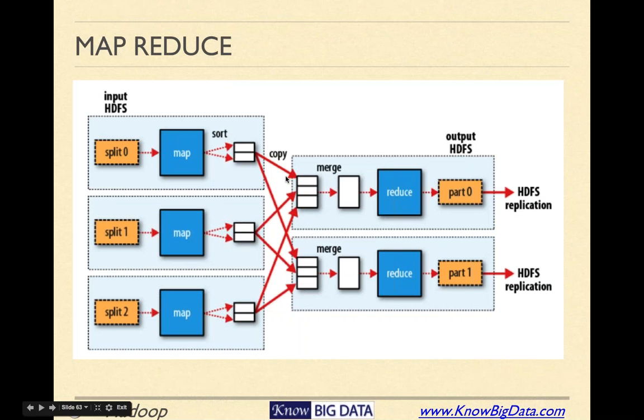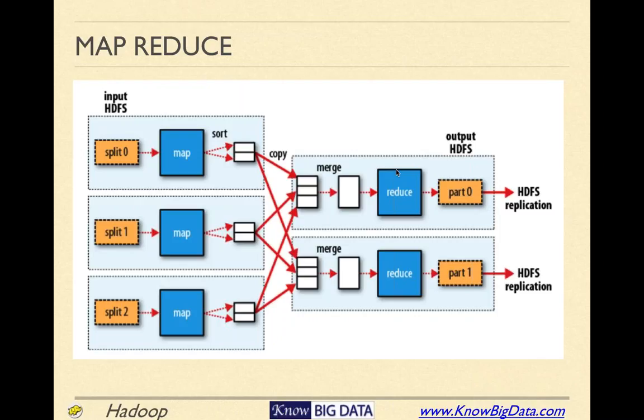But if you have two reducers, the total number of transports that are happening is one, two, three, four, five, six. So total number of data transport is happening around six times. Is it clear? Earlier it was only 3, now it's 6.